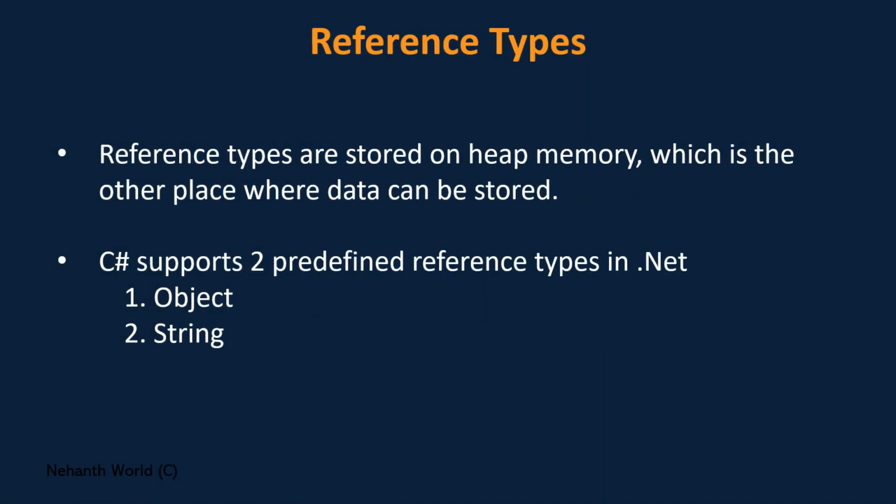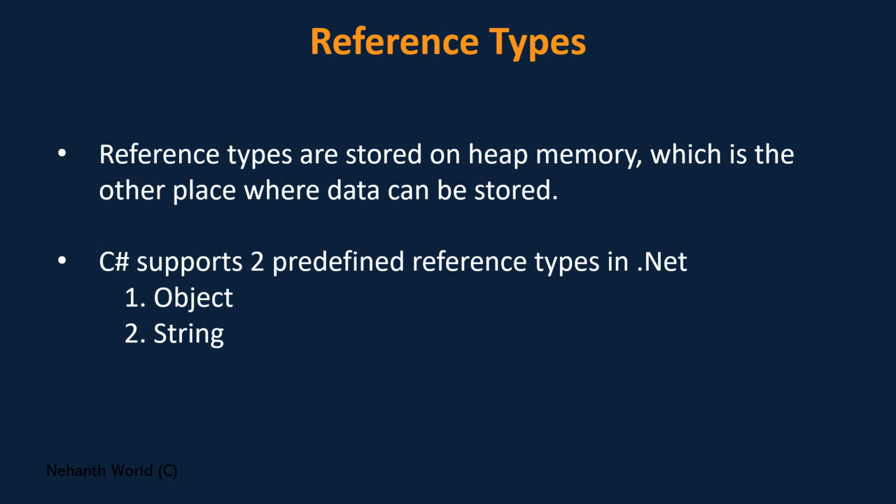And these are the reference types. Reference types are stored on heap memory, which is the other place where data can be stored, as we have seen just now. C# supports two predefined reference types in .NET. Here you can see predefined: object and string are predefined reference types.